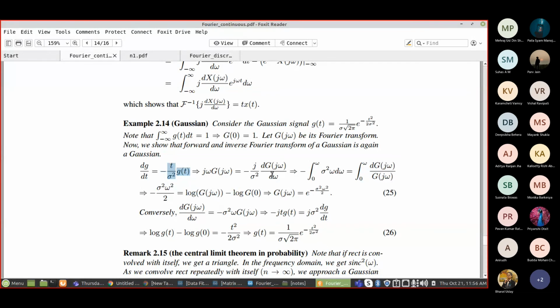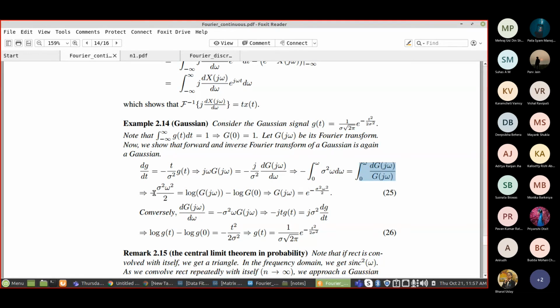Now just simplify. Collect terms in G(j omega) on one side and terms in d omega on the other side. This is just that simplification, and then integrate with respect to omega, with omega varying from 0 to small omega. On the left hand side you get this factor.